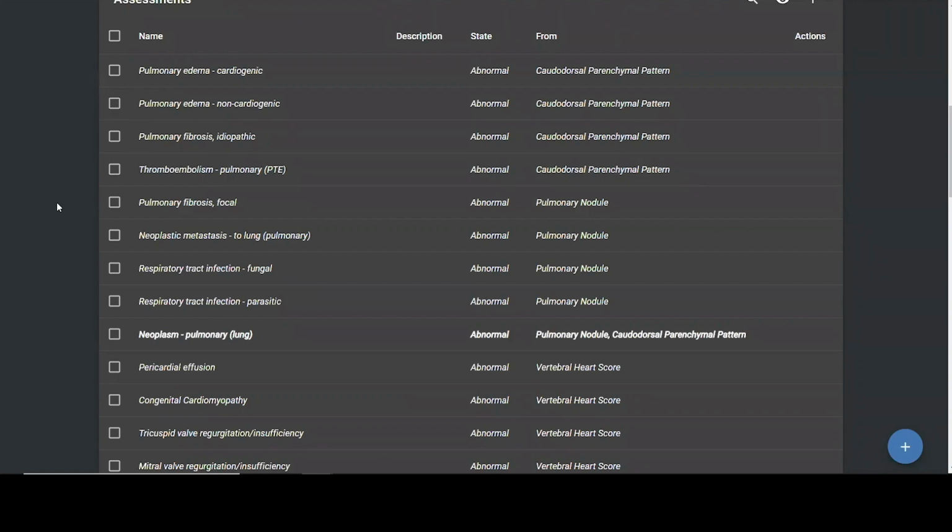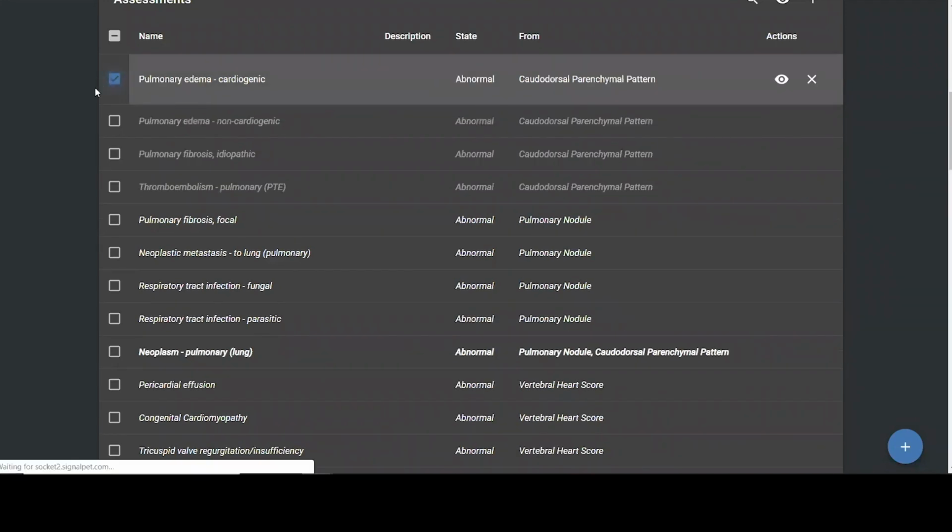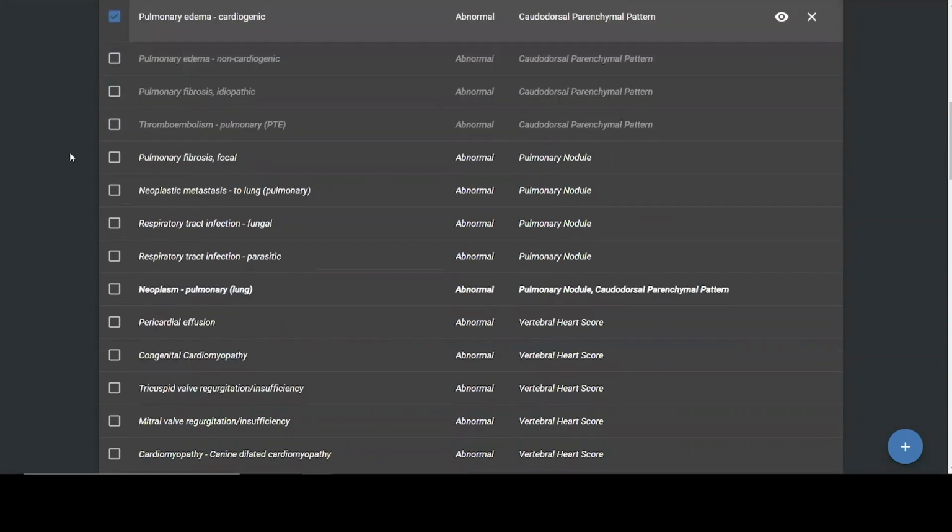My concern for caudodorsal parenchymal pattern is cardiogenic pulmonary edema; for me, that is pretty much the diagnosis until proven otherwise. So at this point I'm not going to select any of the other differentials.